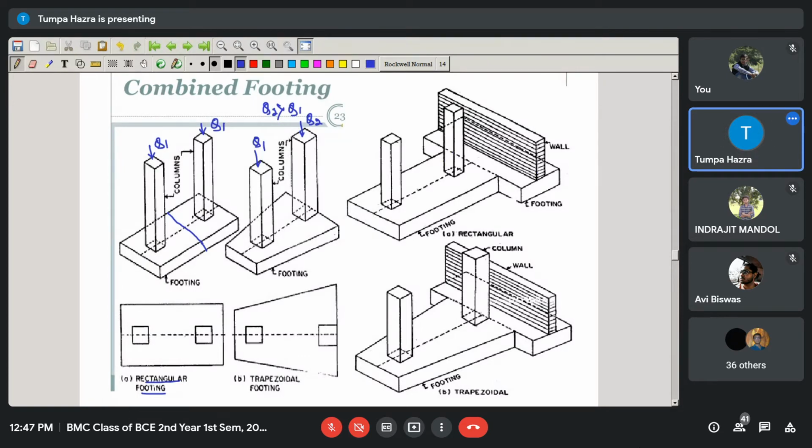Here you can see the columns carrying equal loads, and this footing carries the loads of the columns as well as the wall. Here the loads are different, so this is a trapezoidal type of combined footing for both the columns and the walls.